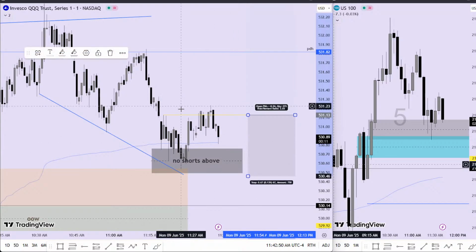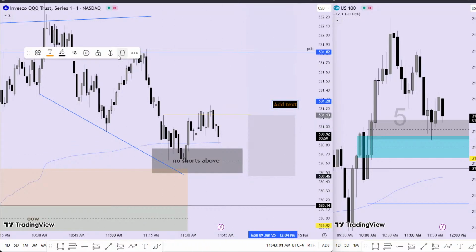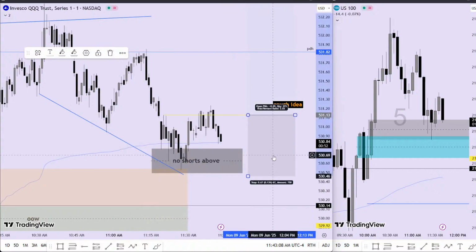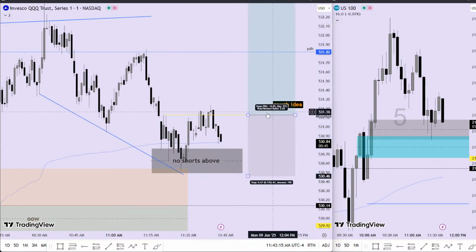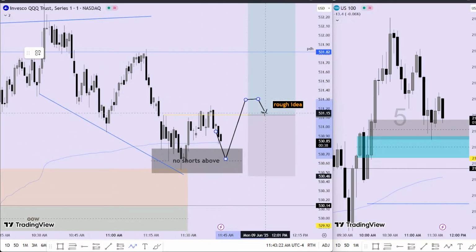Again, if we move above or break above this point, 531.13. Something like this.